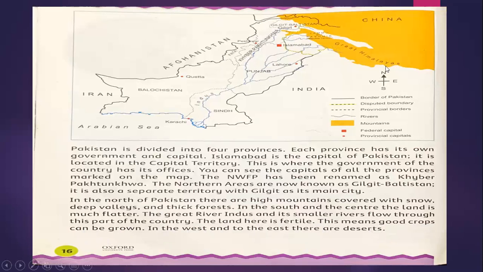In the west, where is west? Here. And to the east, some part of east, it means Balochistan west, Sindh east. There are deserts. In Sindh and Balochistan, there are deserts in east and in west. Okay, look, I will show you the pictures.